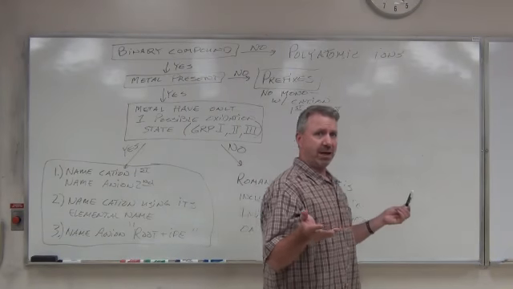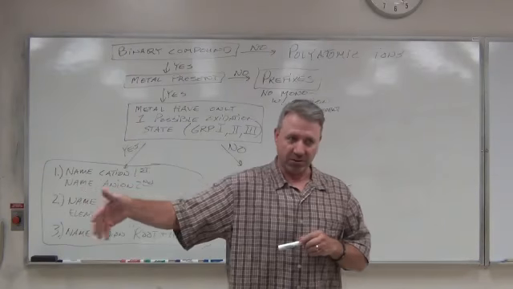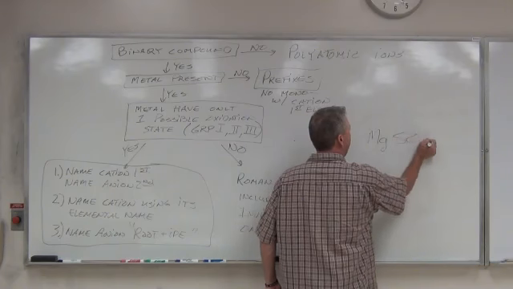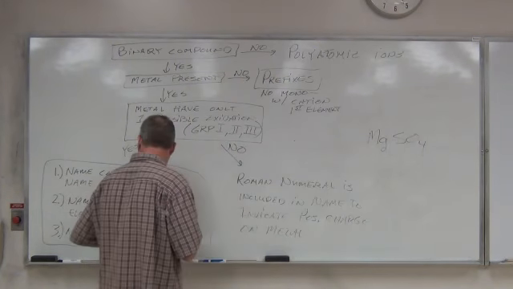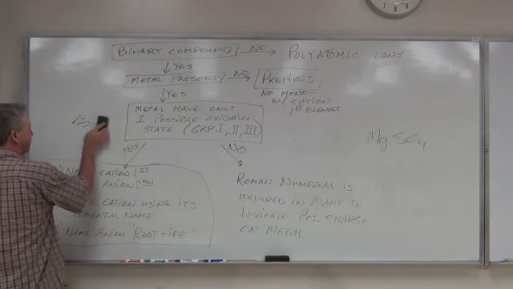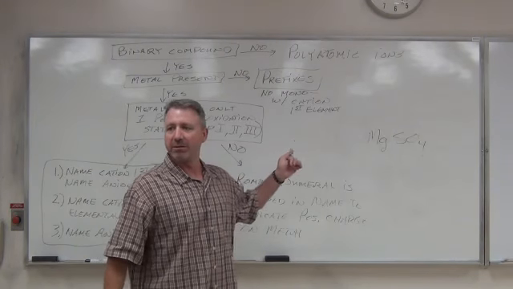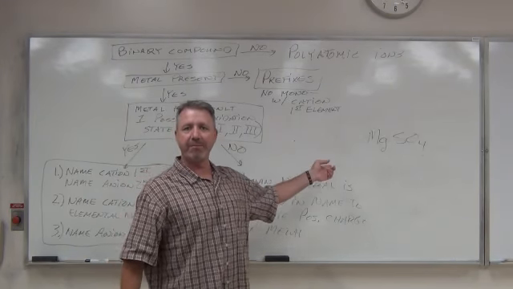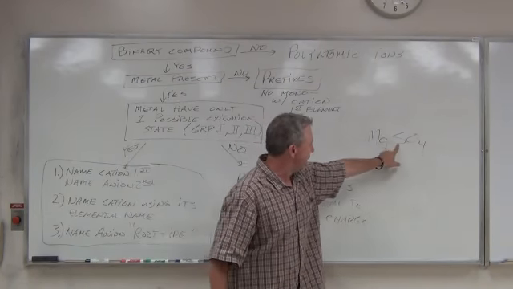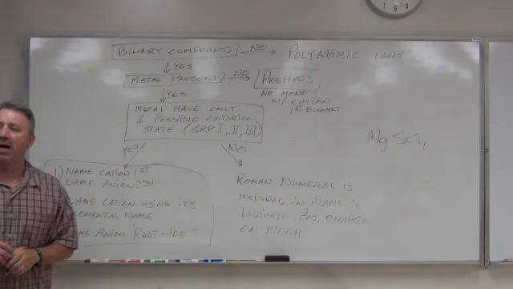The good thing about polyatomic ions or compounds containing polyatomic ions is you just name them. You just name them. So you can have MgSO4. Binary compound? What? Is it a binary compound? No, it's not, right? I see three capital letters. M, S, and O. That's not a binary compound. Do you see the polyatomic ion in there?